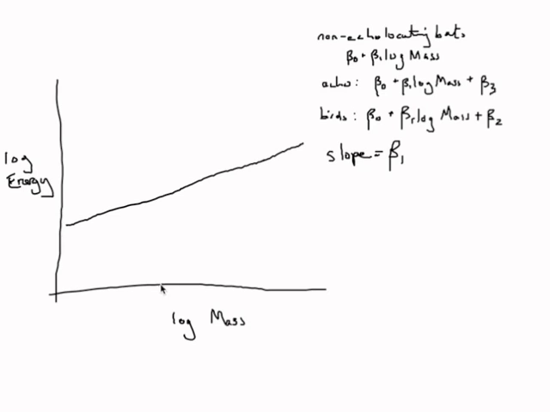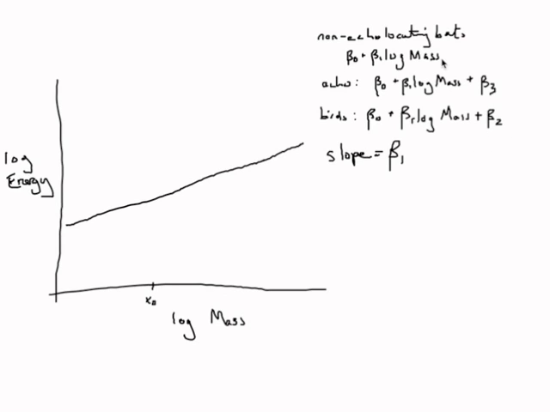If we think about a particular value of log mass, I'm just going to call it little x0, we could substitute in x0 for log mass. Then the only difference between these three lines is that the first part would all take the same value, but the difference would be whether we're adding nothing, adding beta 3, or adding beta 2.